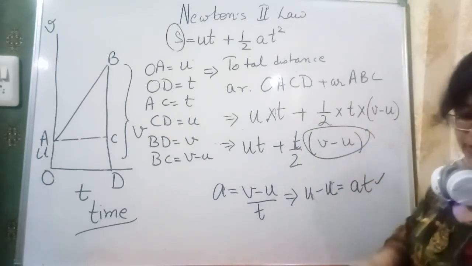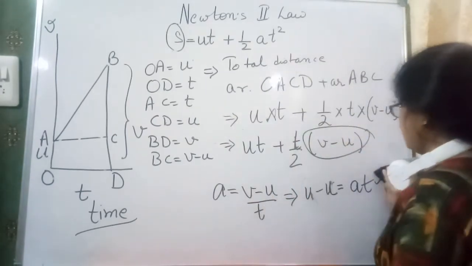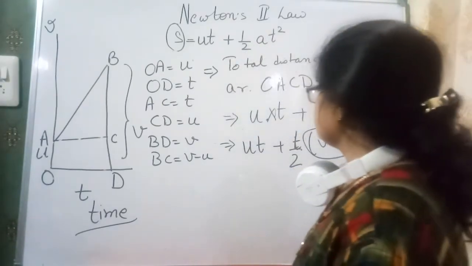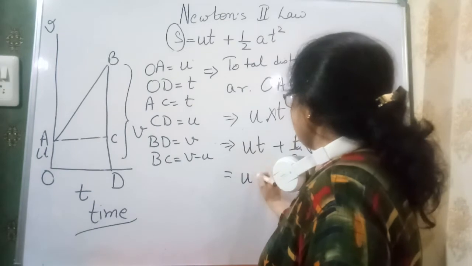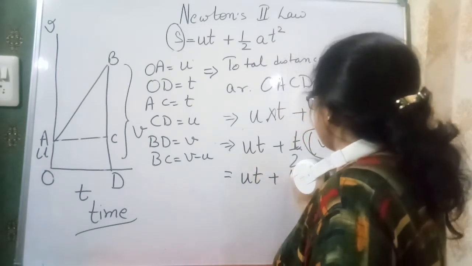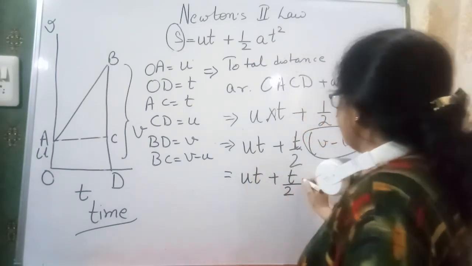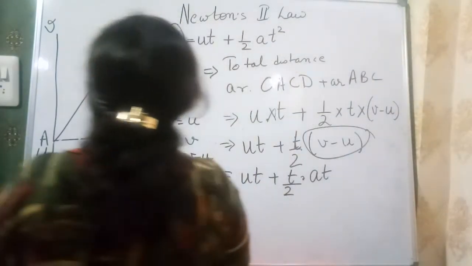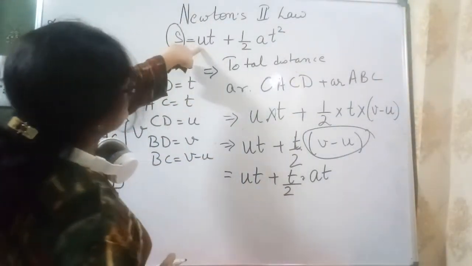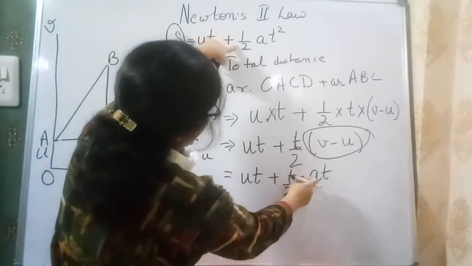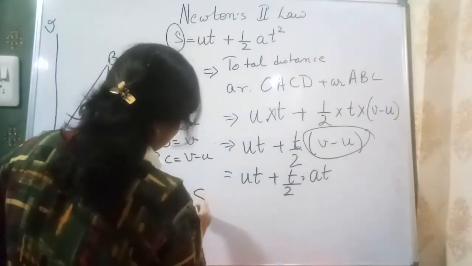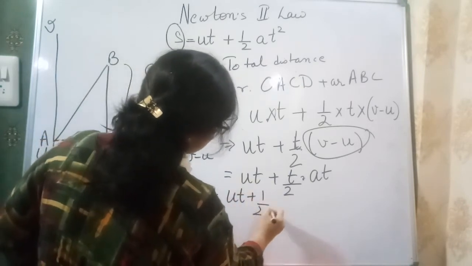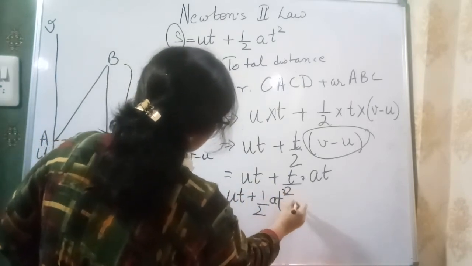Put this value here in our equation. So our equation becomes ut plus t by 2 into at. That means we got the relation ut plus half at square. That is s is equal to ut plus half at square.